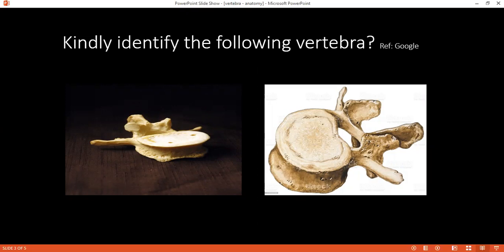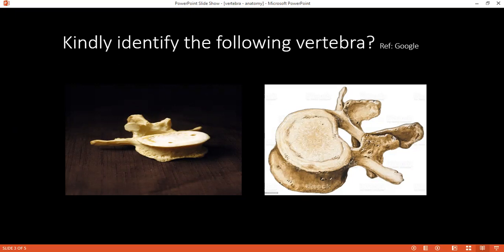Can you please tell me about the intervertebral disc? Yes, ma'am. It consists of 2 structures: the nucleus pulposus and annulus fibrosus. It is made up of type 1 or type 2 collagen, and it forms the cartilaginous joints between the vertebrae.